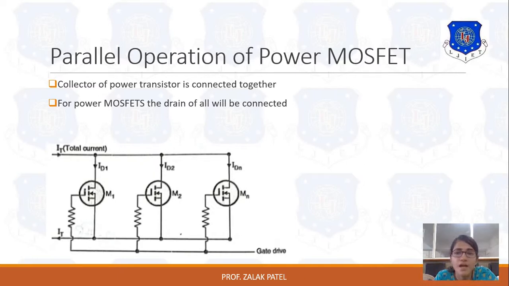The current imbalance means some amount of current will be unbalanced, either in microamperes or milliamperes. There can be some current leakage with power MOSFET. So this is one limitation of power MOSFET, that there can be a current imbalance. To reduce the current imbalance we can use this circuit, but it cannot completely balance the power MOSFETs.